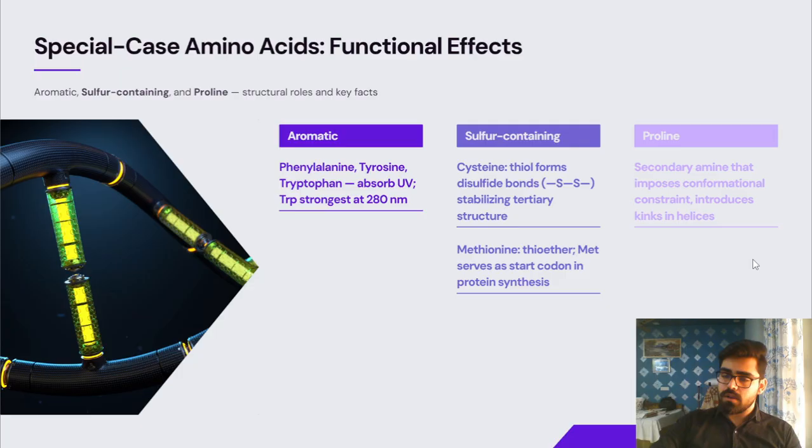So coming to the next topic, essential and non-essential amino acids, one of the most important classifications. Before going into the classification, we need to understand what essential or non-essential amino acids mean when it comes to the human body.